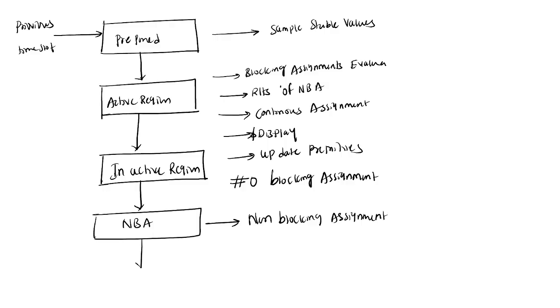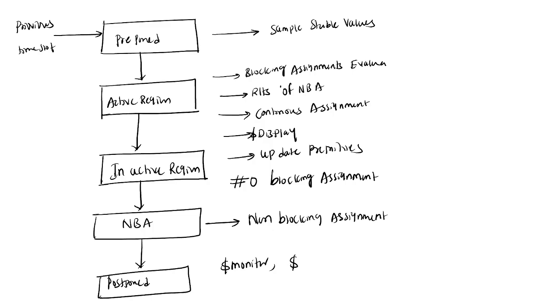And next is the postponed region. Postponed region means some system tasks like $monitor. $monitor means if there is any change in the inputs and outputs, it will display. That is nothing but $monitor.